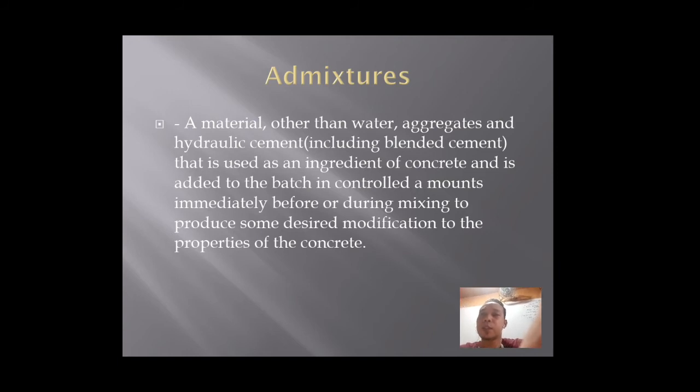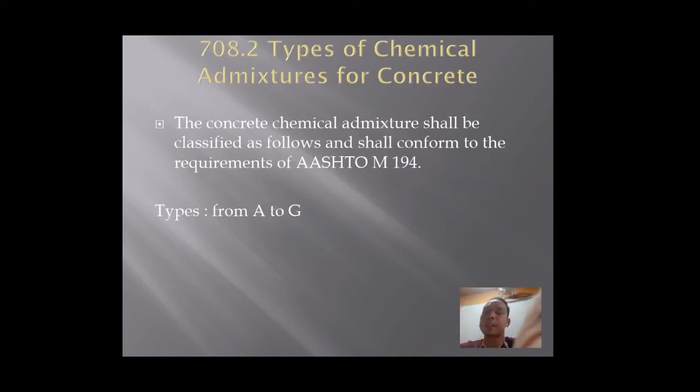So admixtures: a material other than water, aggregates, and hydraulic cement, including blended cement, that is used as an ingredient of concrete, added to the batch in controlled amounts immediately before or during mixing to produce some desired modification to the properties of the concrete.